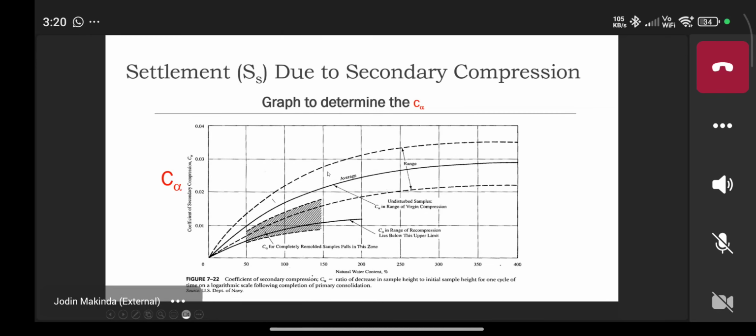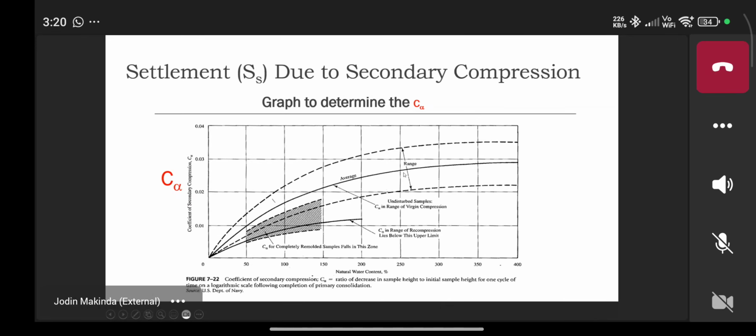Figure 7.22 summarizes the coefficients of secondary compression based on the natural water content of the soil. That is why in your PBL, I asked you, what is the natural water content of your soil? Because if you know the natural water content of your soil, you can scale off either using the undisturbed sample line or the recompression line.